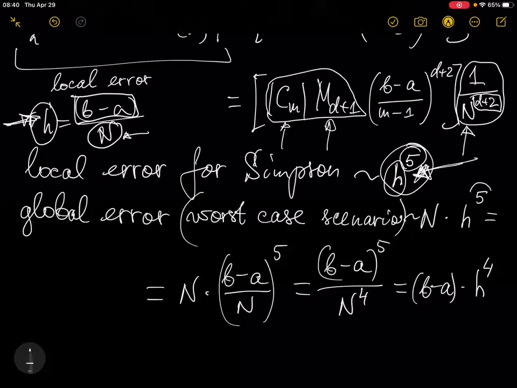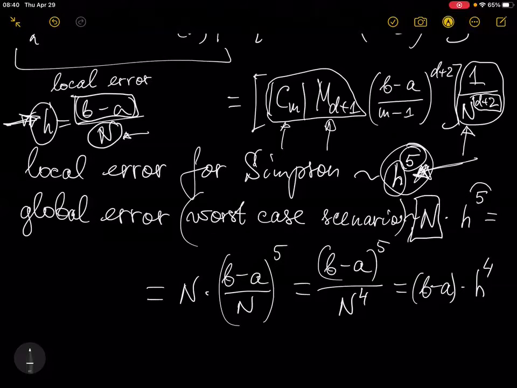So you increase the number of points just twice, but your error decreased 32 times. At the same time, because there will be twice more subintervals, your global error will decrease just 16 times, right? Clear or not?